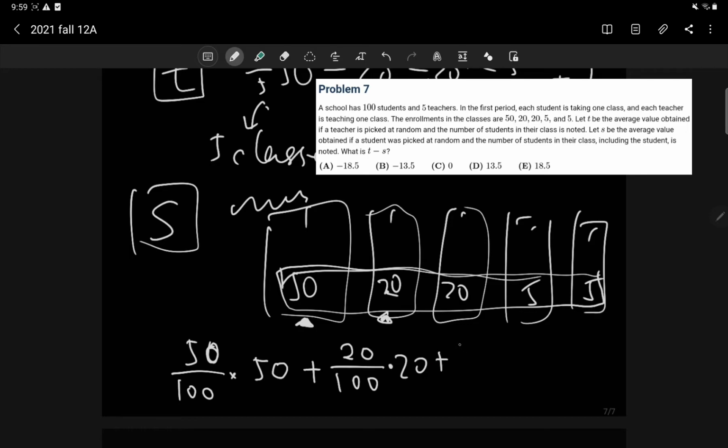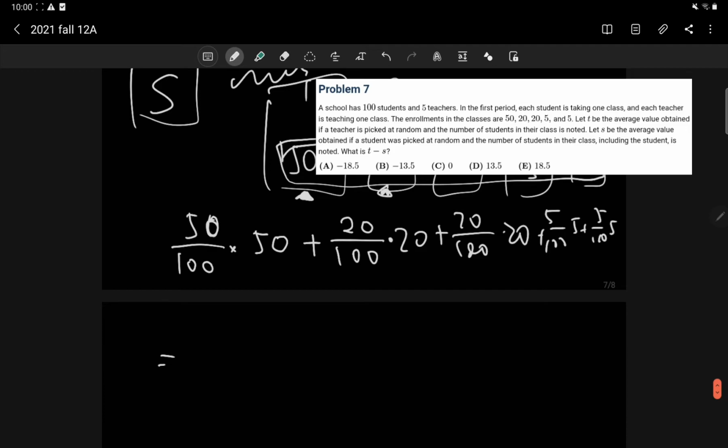Then we do the same thing: 5 over 100 multiplied by 5, 5 over 100, 5.